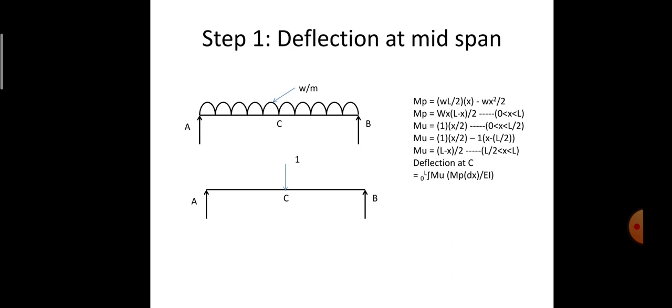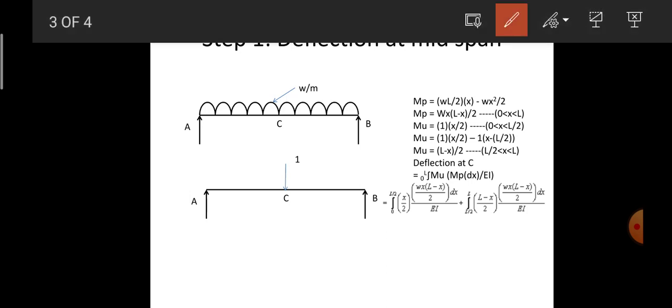Here I have the mu value as L minus x divided by 2. First, I need to consider the limits between 0 to L by 2. Between 0 to L by 2, the value of mu will be equal to x by 2, that is 1 into x by 2. So this is the step.